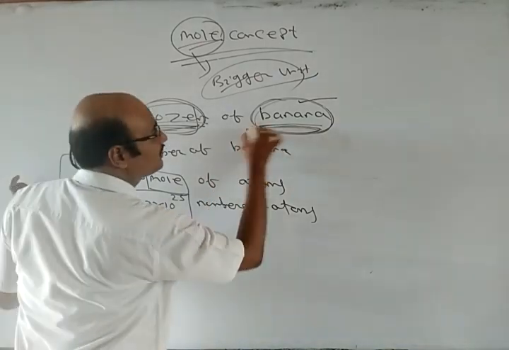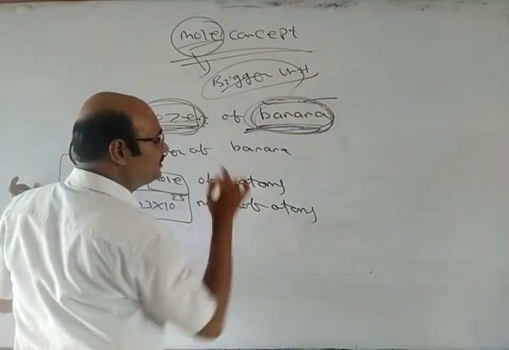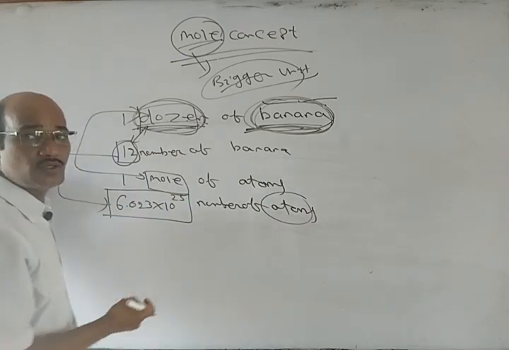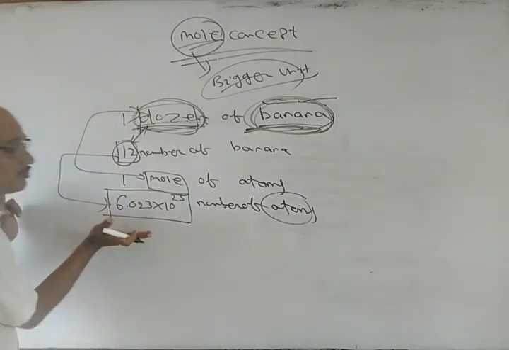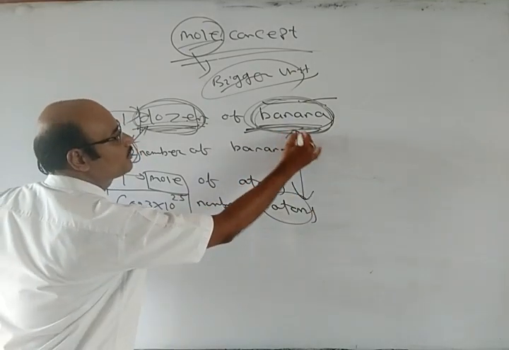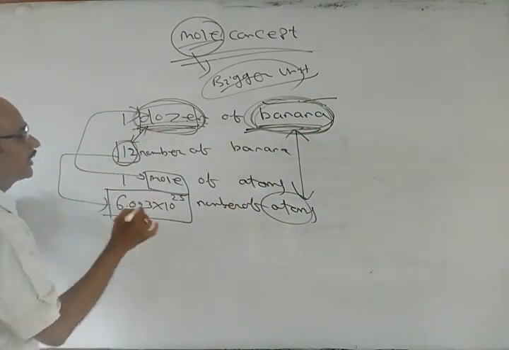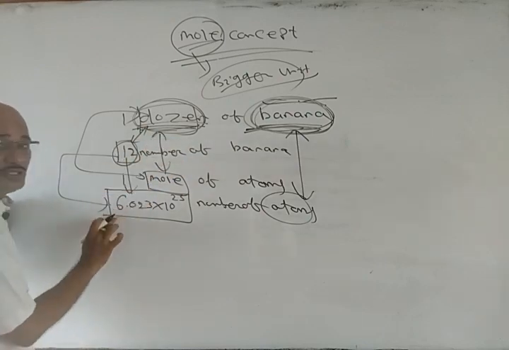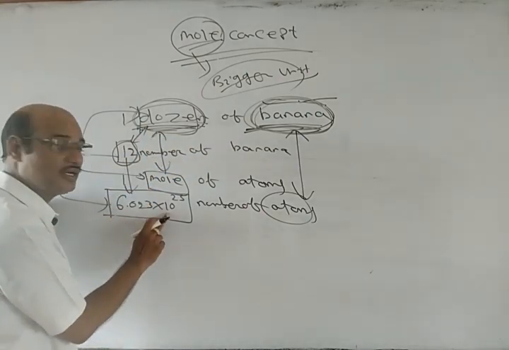And banana is a substance which you can see, and atom is very small which you cannot see. It's too small, that's why we are taking a large number of atoms. So atoms I can cover with banana, dozen I can cover with mole, and 12 I can cover with what? This 6.023 into 10 power 23.